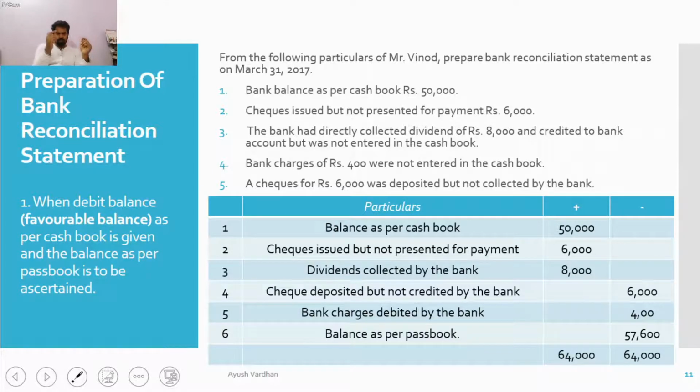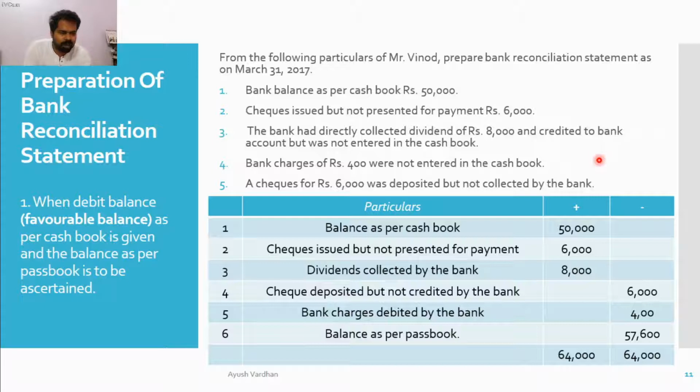Now what we do, the first entry of 6,000, that is check issued but not presented for the payment, means you have issued a 6,000 rupees check and you make an immediate entry into the cash book, so your cash book goes low by 6,000, but yet your passbook doesn't know about this 6,000 rupees, means your passbook is still higher.